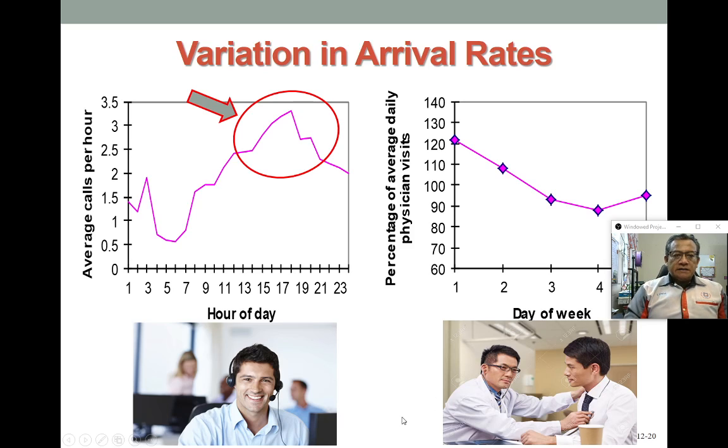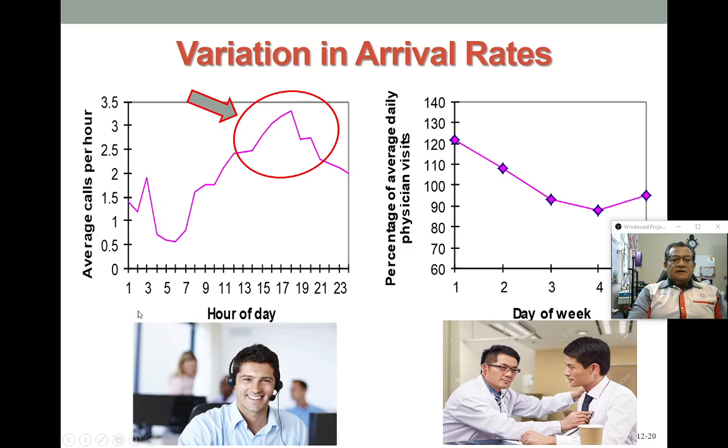Okay, let's take a look at the topic of variation in inter-arrival rates. Inter-arrival rates are where, as a service provider, you must manage the balance between how many customers are coming and how many workforce are attending the bulk of group customers arriving.